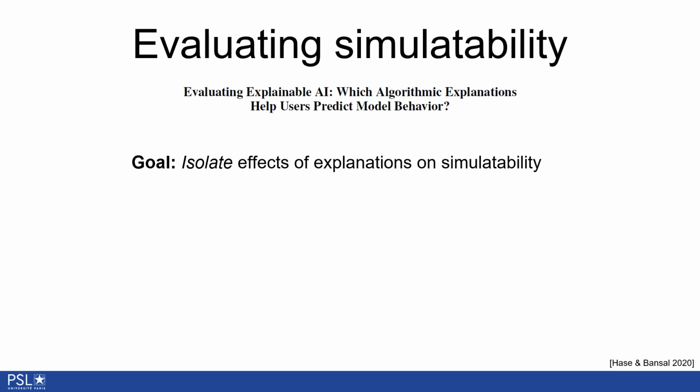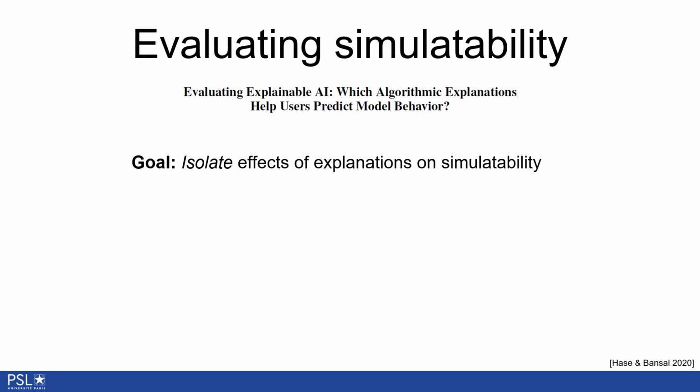We will now turn to a second example of a human study, which focused on identifying more precisely the effects of explanations. This second example is a study published by Hayes and Bansal in 2020.